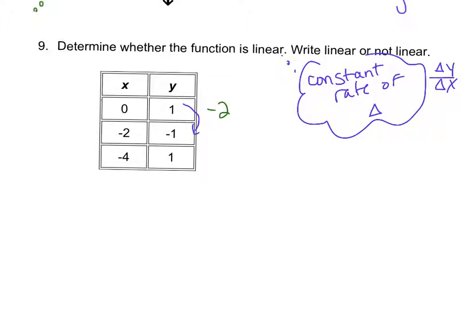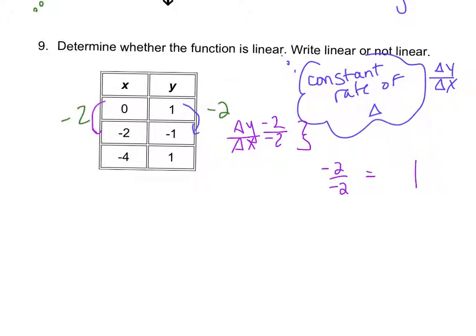From 0 to 2, I went down 2. So the first change of y is negative 2, and the first change of x is negative 2. Negative 2 over negative 2 is really the same thing as 1. That's the first rate of change.